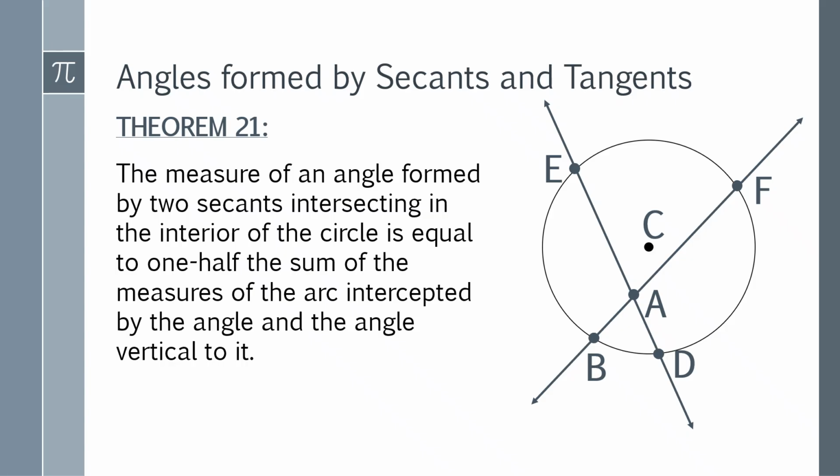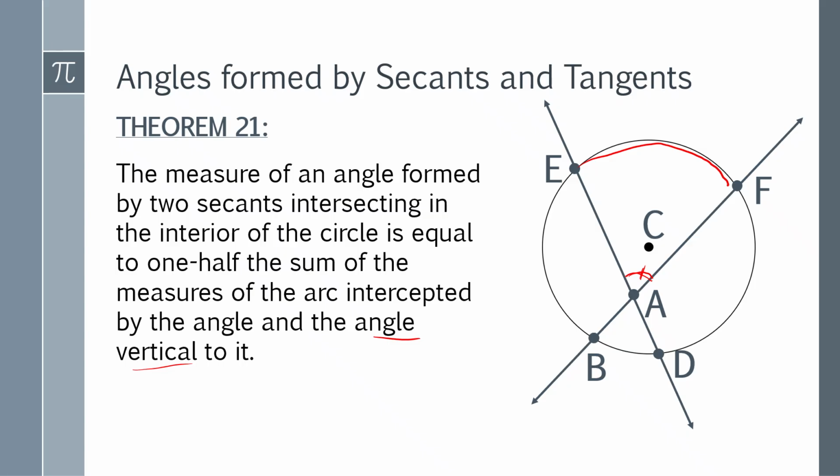Okay? For example, we have here angle EAF. For example, this one. So, ang intercepted arc po ng angle EAF, etong part na ito. Okay? Pero ano yung sinasabi dito, the angle vertical to it? Pag sinabi pong vertical angles, ito po yung pair ng angle na kung saan magkabaliktaran sila.